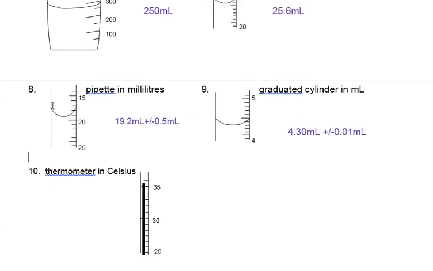Thermometer, like the pipette example, I might put a higher level of uncertainty with my plus or minus. So it's definitely above 35 and below 36, so I'd be estimating 35.5 degrees Celsius. But again, I would have that plus or minus a full half a degree.